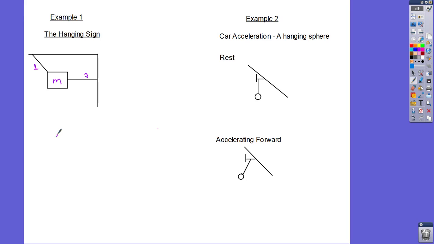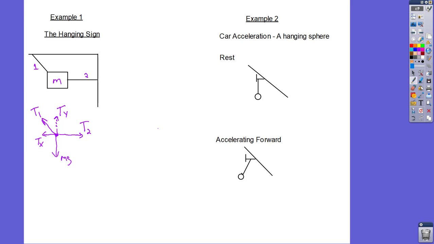So when we draw our force diagram, we're going to have a T2 there, we're going to have a weight force mg, and then we'll have a force T1, and then we're going to have some sort of angles there, but the T1 is going to have an x component and a y component. I should put those dotted lines.